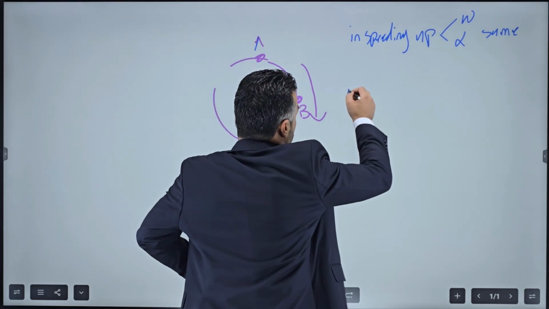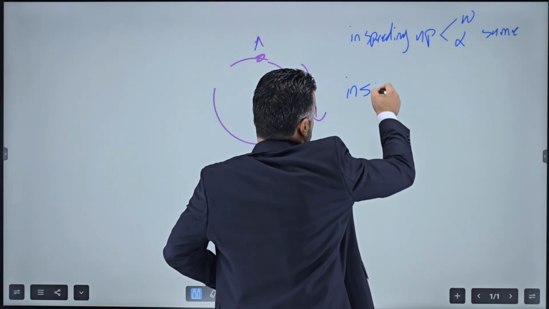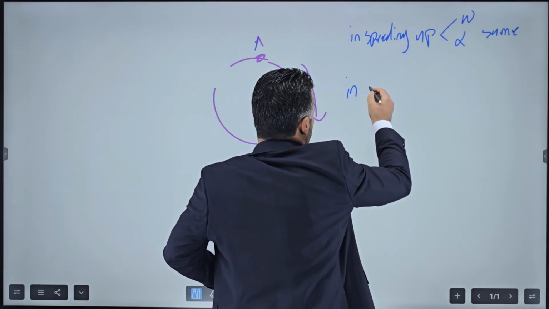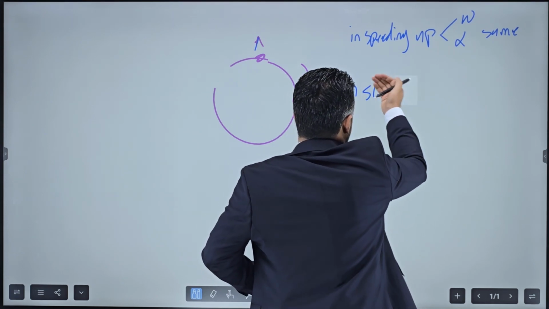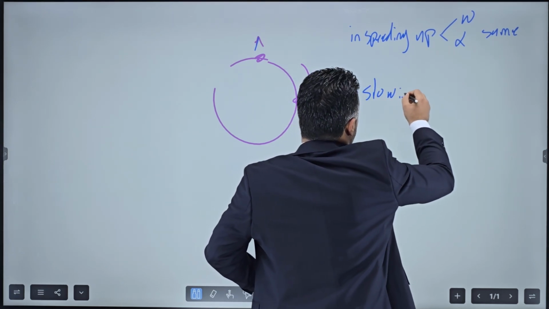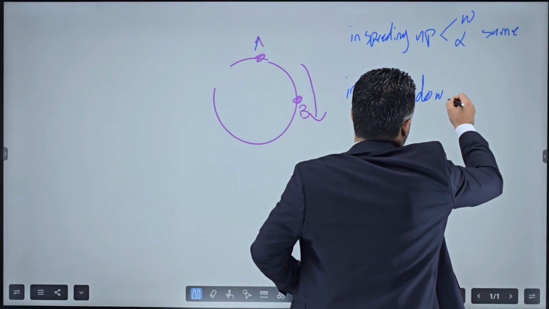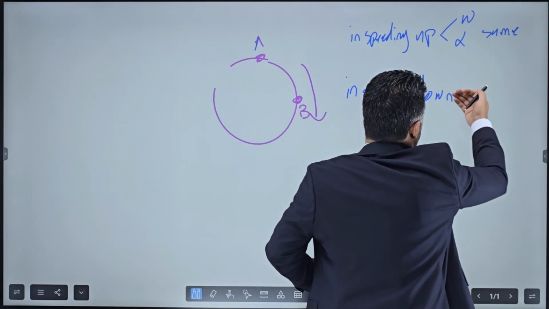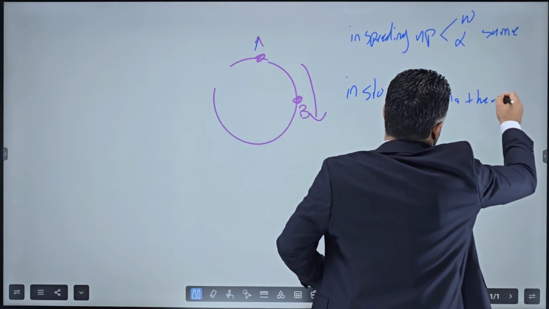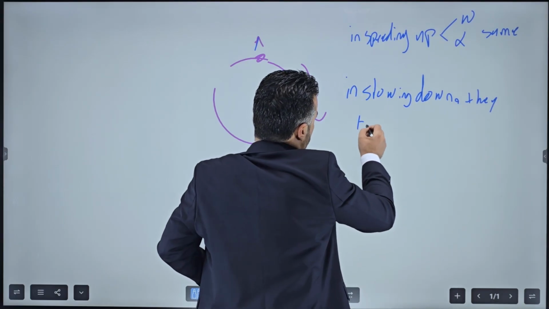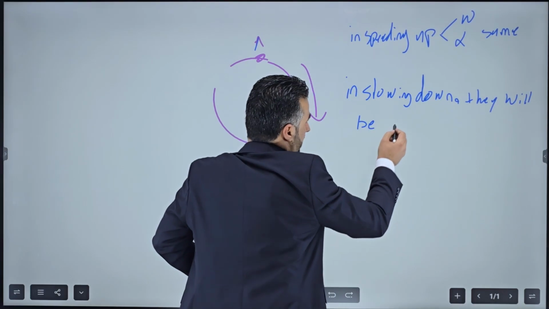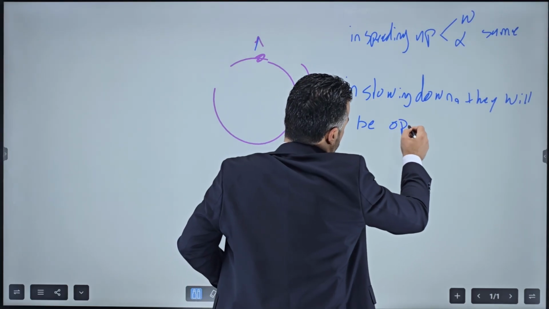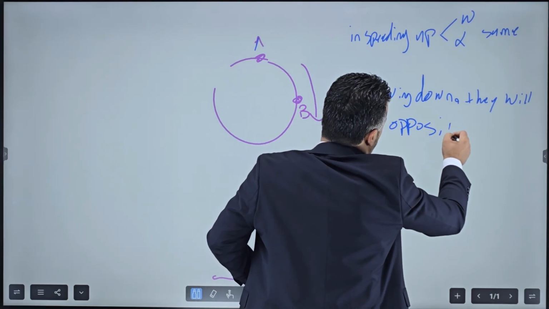But what about if the object is slowing down? So we'll say in slowing down, let me just write this. In slowing down, they will be opposite. What do I mean by opposite?